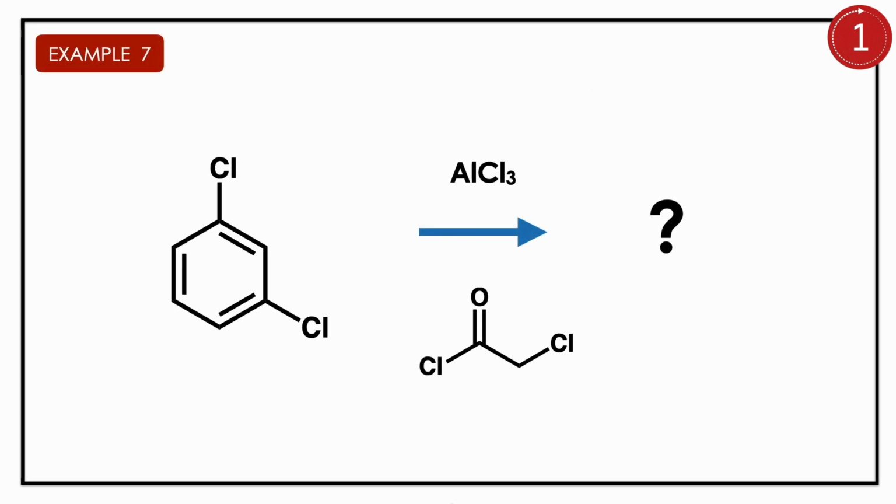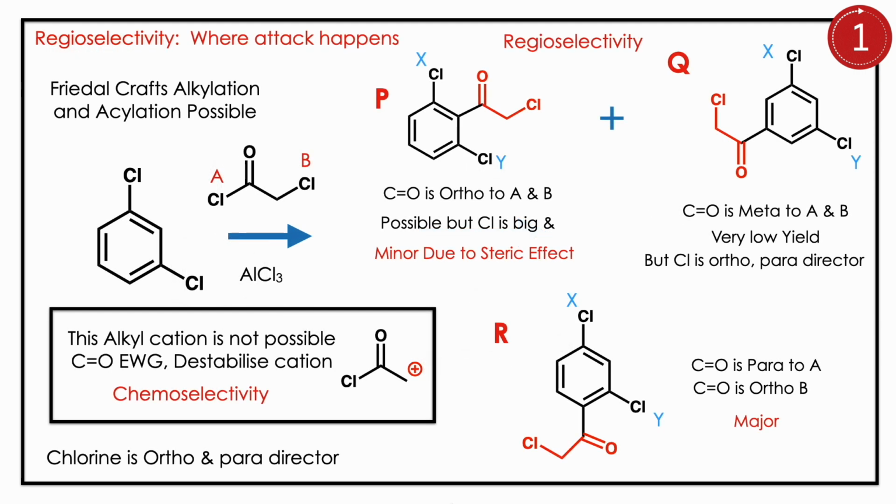Then the next example, you have dichlorobenzene, you are reacting with aluminum chloride and an acid chloride with a side chain chlorine. You should find what will be the final product. The reaction is very interesting because the starting material has many possibilities, regioselectivity and chemoselectivity. First, let us eliminate the chemoselectivity.